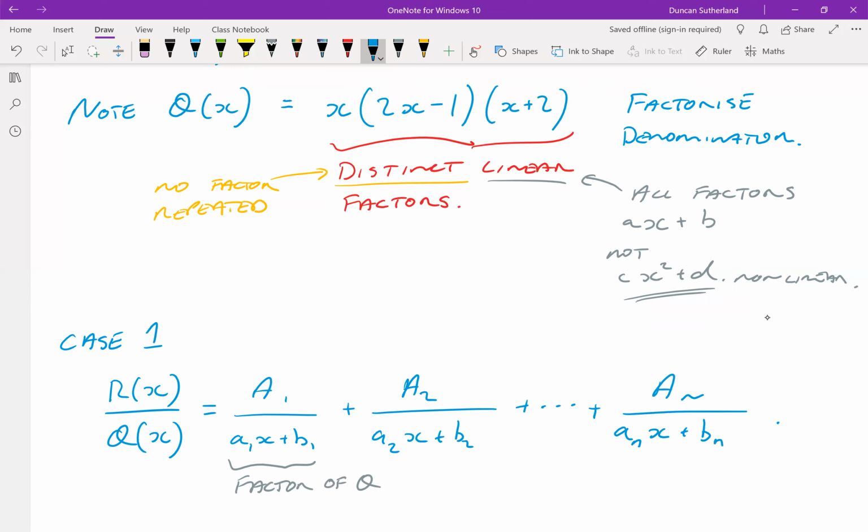And there could be n factors of Q, depending on how big Q is. Now, up here we've got Q as a third order polynomial, so we expect 3 factors.